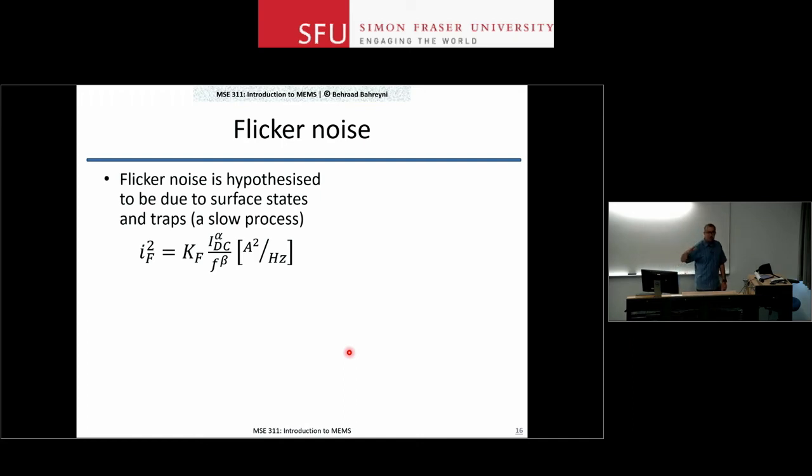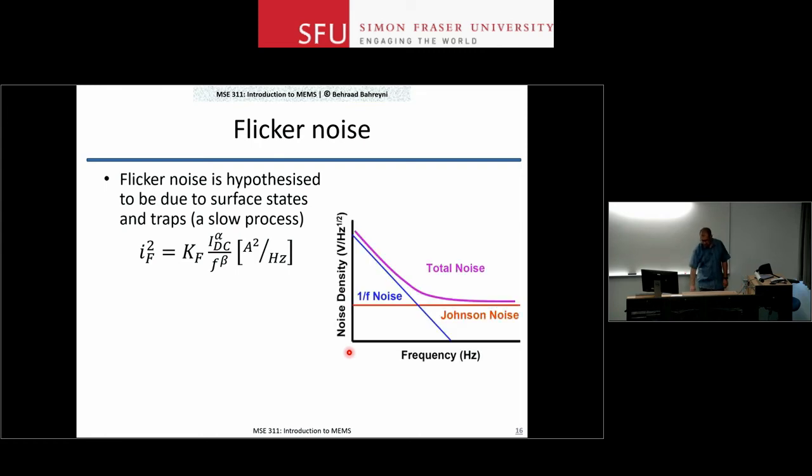So the power spectral density has a positive slope as you go to lower and lower frequencies. It looks like this, right? Your thermal noise and Johnson noise and shot noise and all those other ones have a flat frequency response. The 1 over f noise looks like this. As you go higher and higher in frequencies, you basically don't see that. But at low frequencies, that is going to dominate, right?